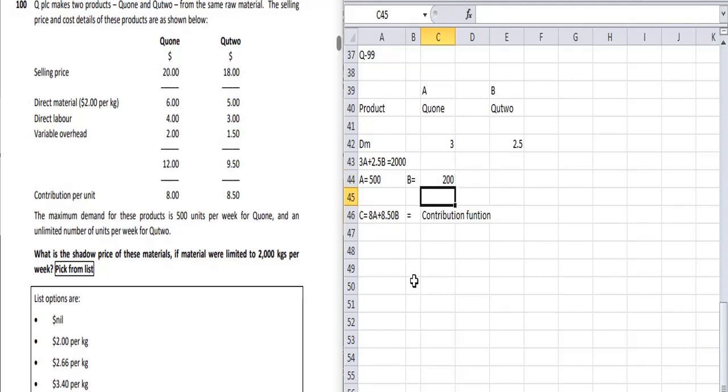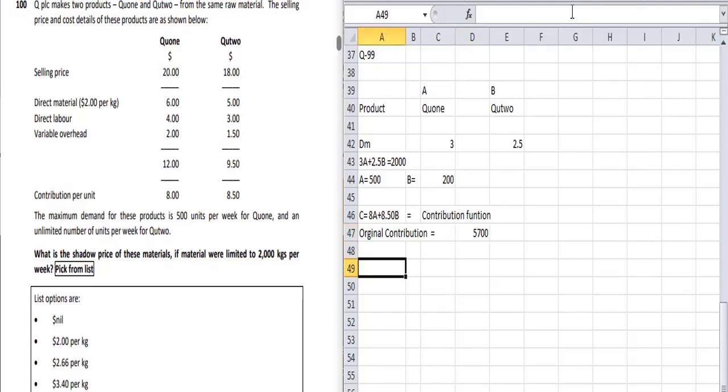So we get the number of units of B to produce in order to maximize the contribution, which is 200. So our original contribution equals 8 into 500 plus 8.50 into 200, so it's 5700.